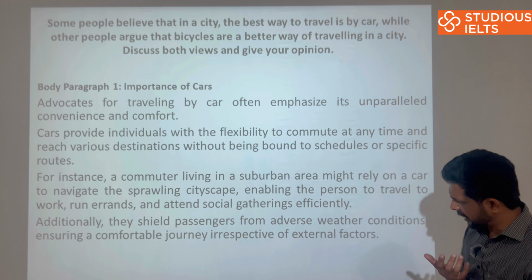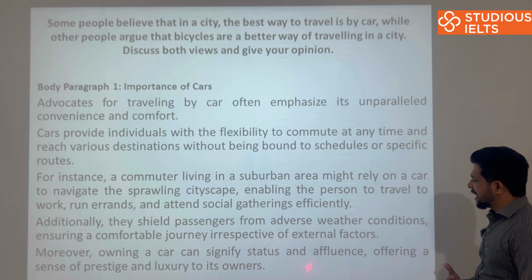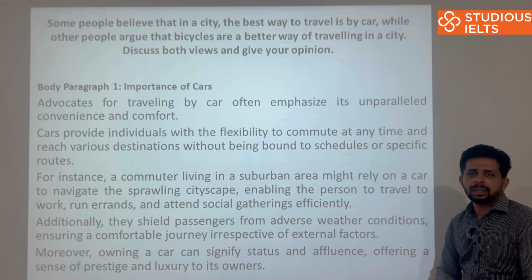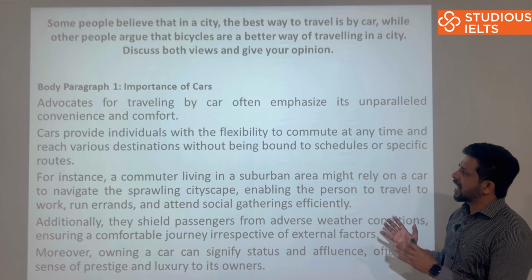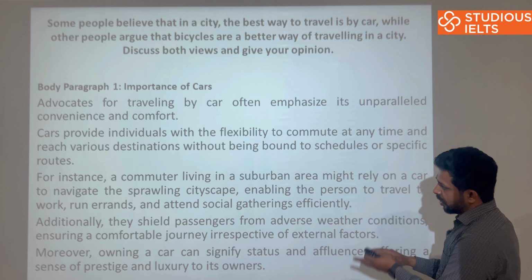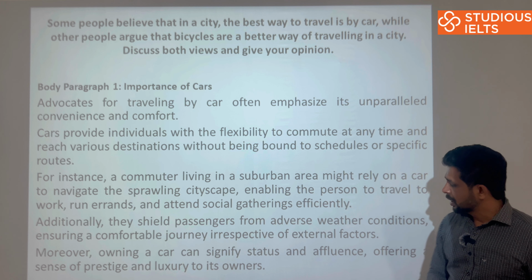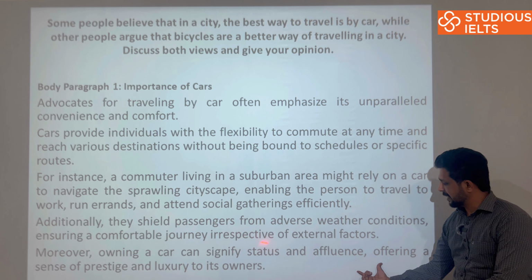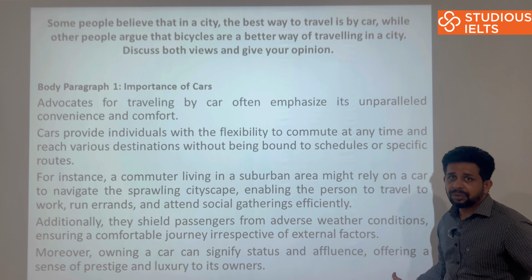We can also add another idea, like, moreover, owning a car can signify status and affluence, offering a sense of prestige and luxury to its owners. This is a bonus idea that you can add, that apart from convenience and comfort that we have already talked about in the first part of our body paragraph 1, we can also add some additional things associated with cars, that are status and affluence, that can also be asserted by the commuters when they are using cars.